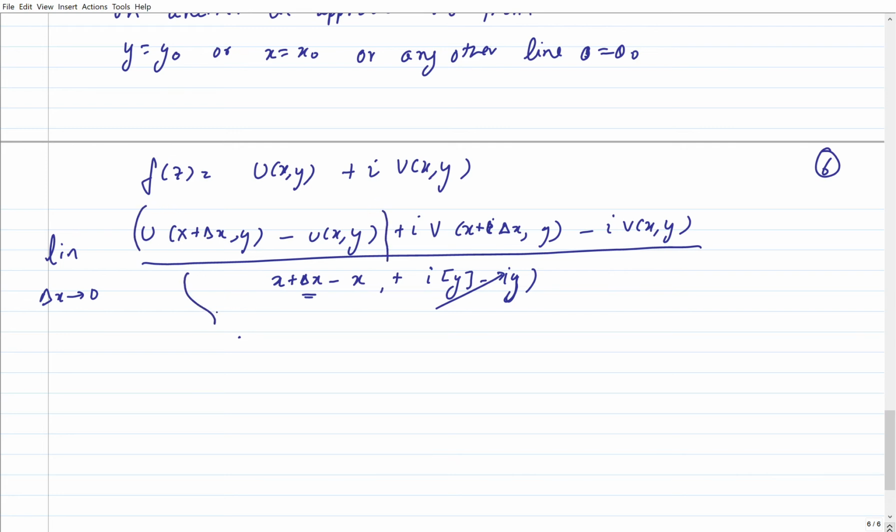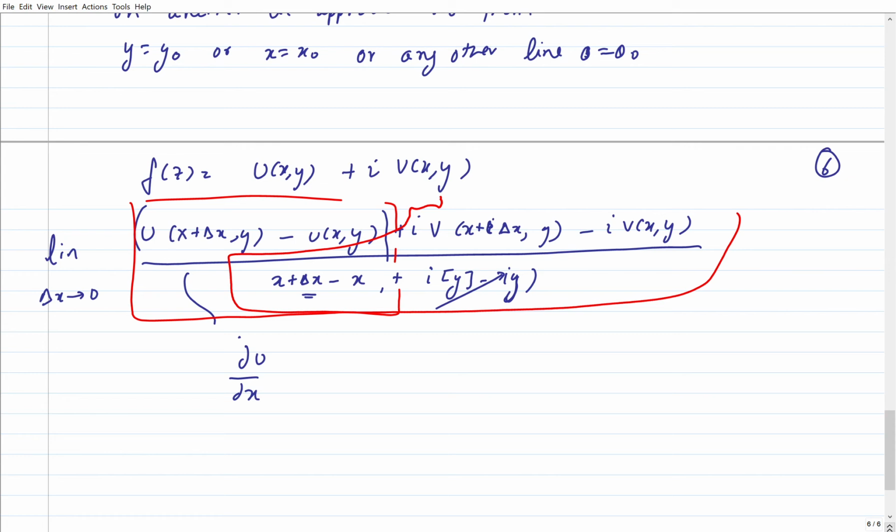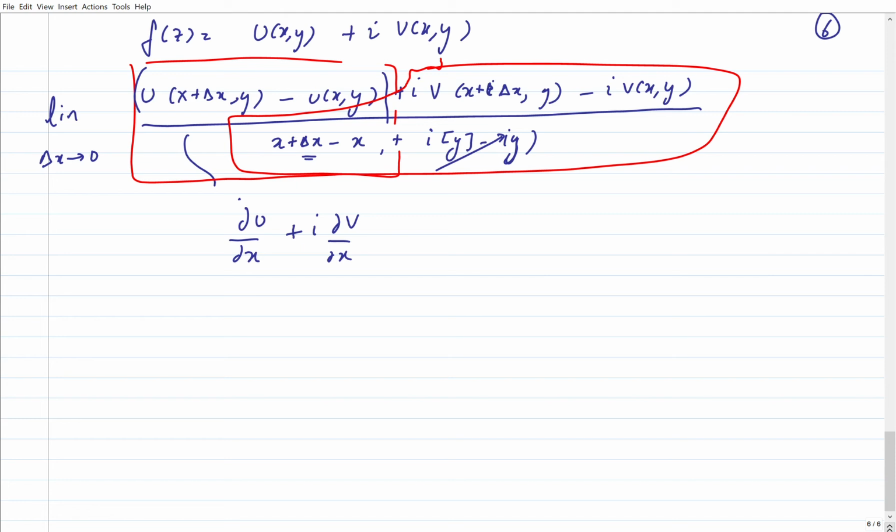I can write this down as the partial derivative delta u by delta x, if I just focus on this half, and if I focus on this half, that's going to give me the partial derivative of the function v, plus iota delta v by delta x. That's what I get.